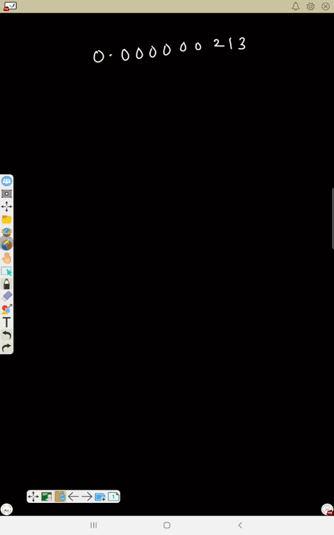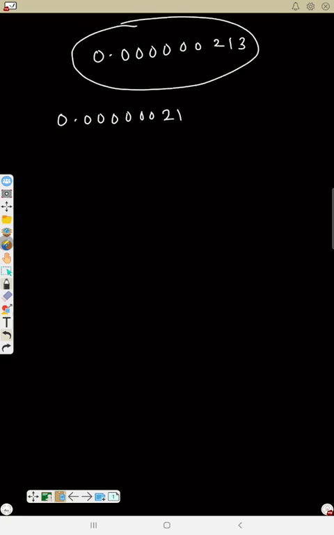Now this one to 2 significant figures will be 2, 1. So this is 2 numbers. That is 2 significant figures. So this one like this is 3 significant figures because all these are significant.